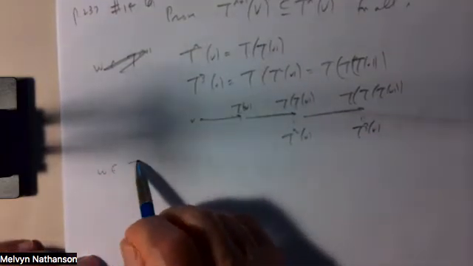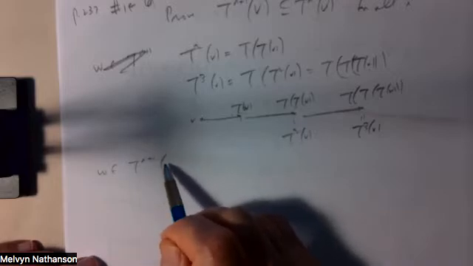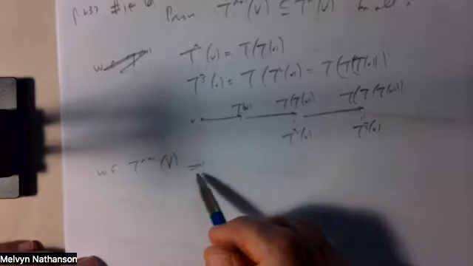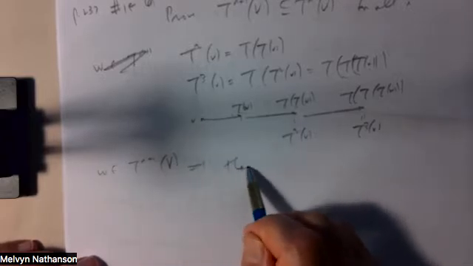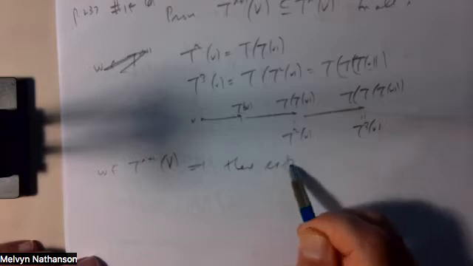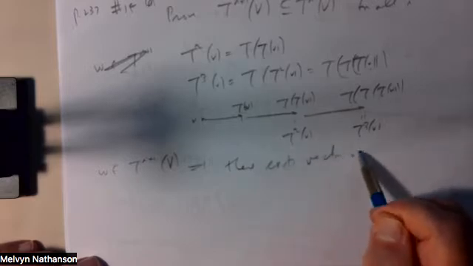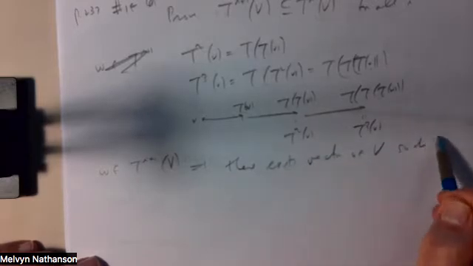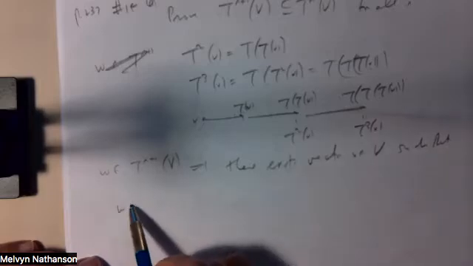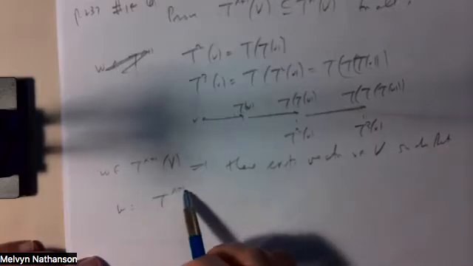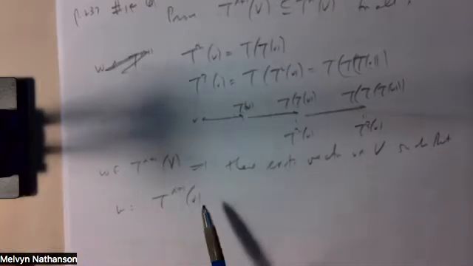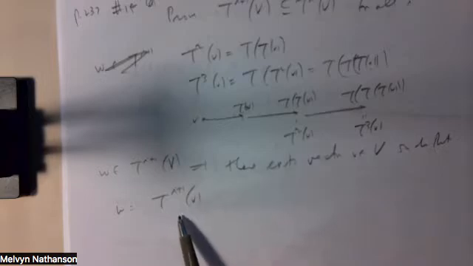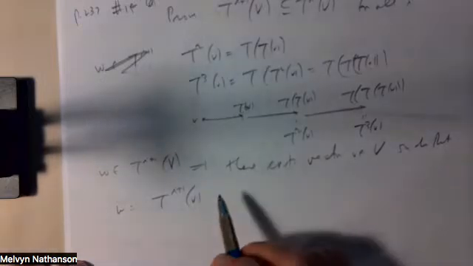So if W is in the i plus first power of T of V, that means there exists a vector V in the vector space such that W is T to the i plus first of V. That is, you take V and you apply T this many times.